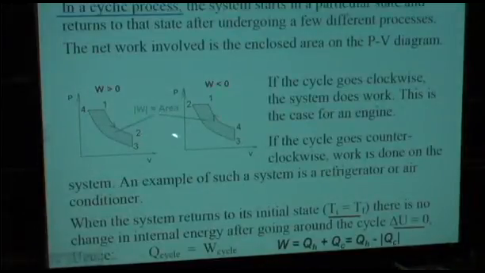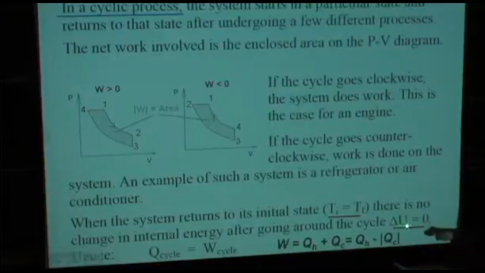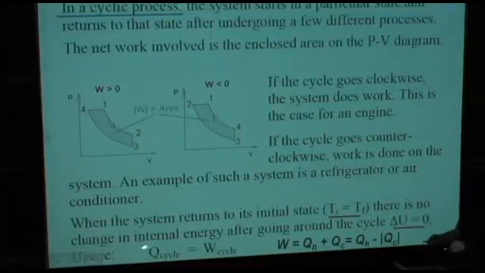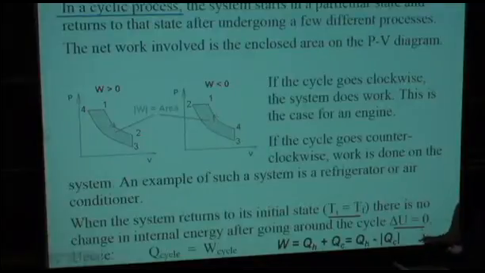Because we start and we end always at the same state, over the whole cycle the initial temperature and final temperature are equal to each other, which means there is no change in the internal energy. So if we apply the first law of thermodynamics for the whole cycle, that's what we get.